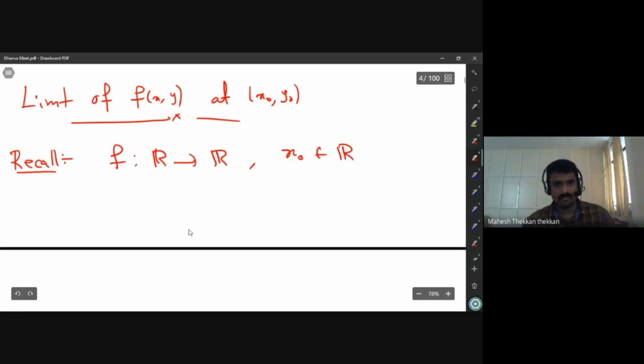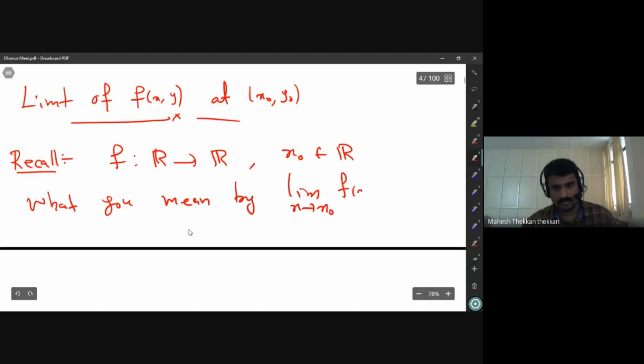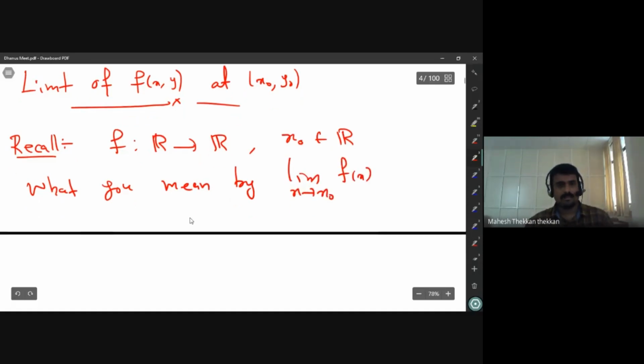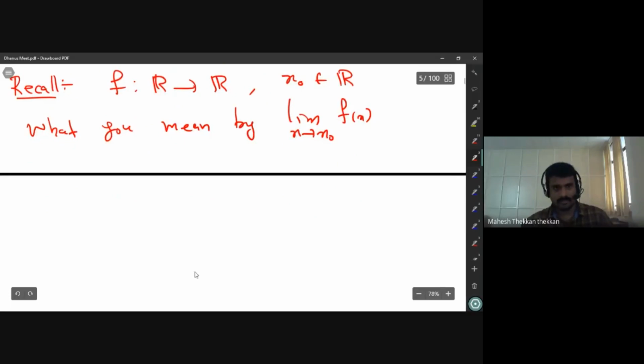What do you mean by limit x tending to x naught of f of x? Here we are considering a point on the line, right? There is a point called x naught.